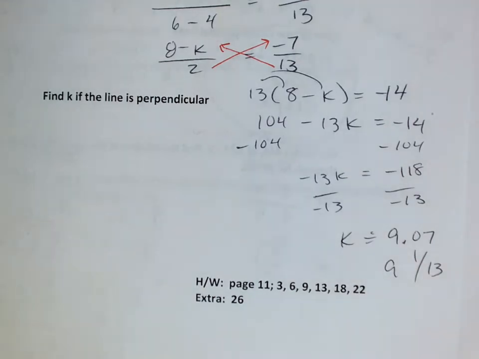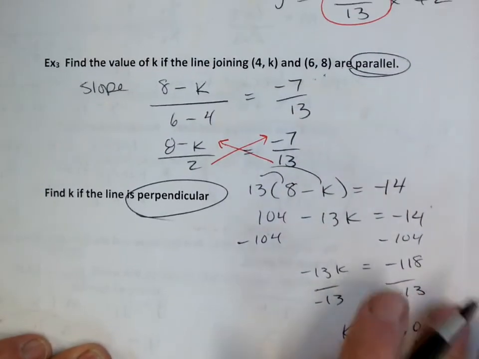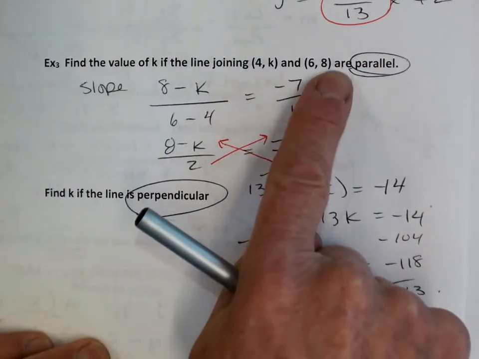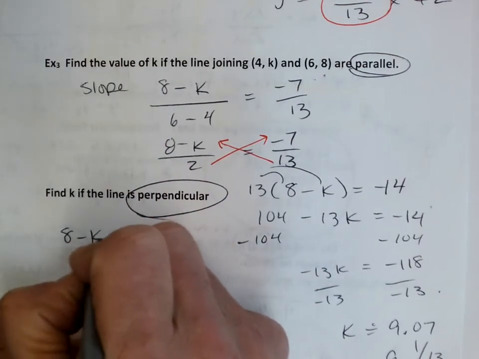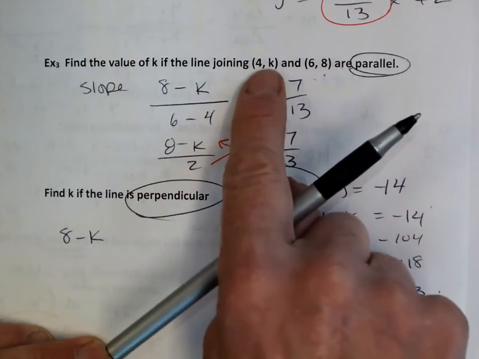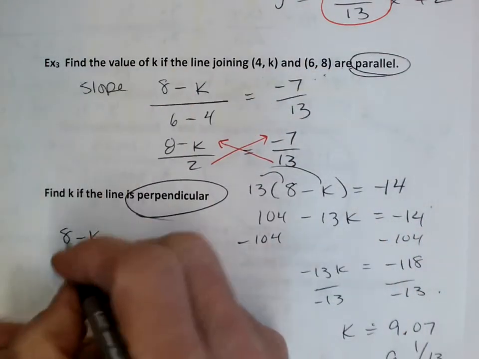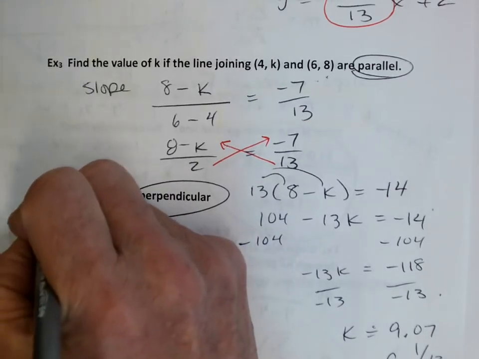Now, the same problem, except we want to make it perpendicular, okay? So let's see. Here's my slope between these two, right? I went my 8 minus my k over my 6 minus my 4, because that's my slope.